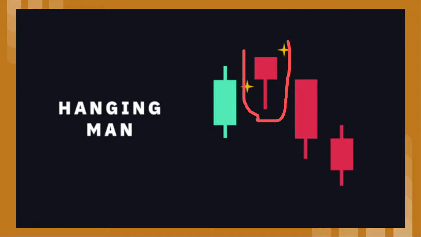So here it is. This is considered as a bearish hammer. When you see this bearish hammer, the price reversal will happen. When you see this kind of pattern on the chart, just make a short position. Make a short position, that will give you a lot of profit when you see this hammer. Okay.